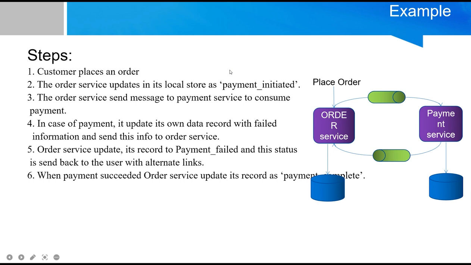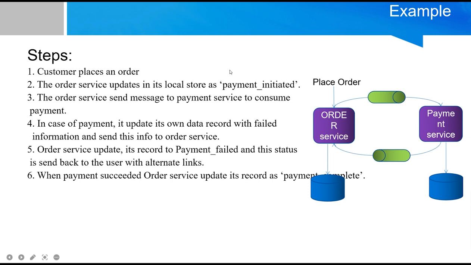In that case, the payment module stores the information of this transaction, updating the status as payment failed, and the same information is sent back to the order service so that the order service can also update this field with payment failed and can give the user an alternative way of making the payment. And these two states continuously run until the payment succeeds.